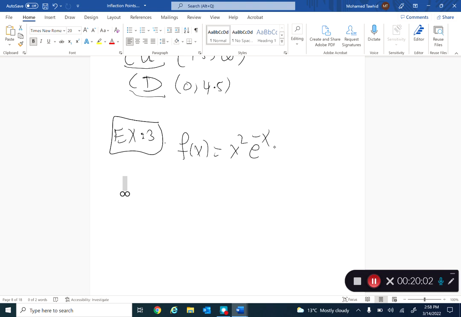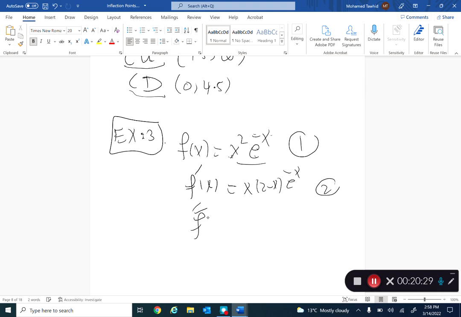Let me give you the first derivative and also the second derivative so that it will be easy. Here, x squared multiplied by e to the 1 minus x, you must apply the product rule to get the derivative. The derivative will be (2x minus x squared) e to the 1 minus x. That is equation 2.